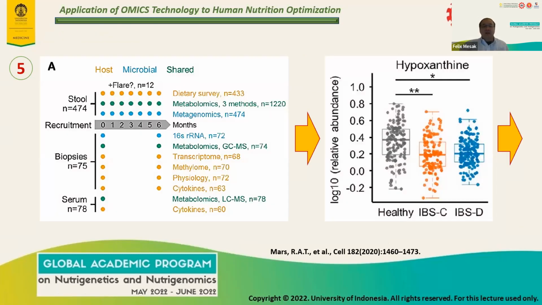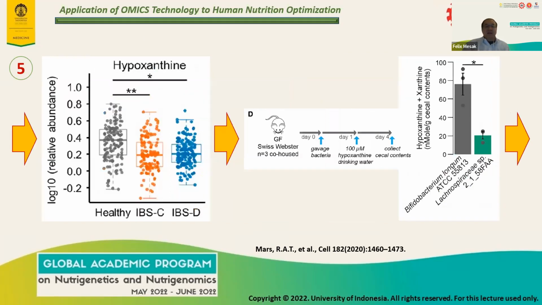And we've seen the methodology, the case study, and you've heard the description of the outline of the sampling, and then they come up with hypoxanthine that is significant as the metabolite, the hypoxanthine in the stool, and then they ran the monocolonization in three Swiss Webster mice cohorts, and then they have a follow-up longitudinal study.